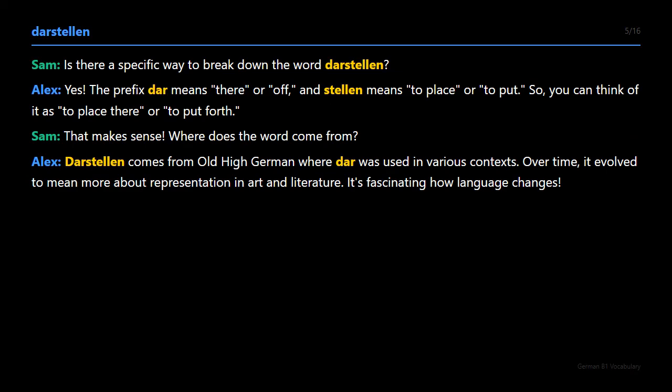Darstellen comes from Old High German where da was used in various contexts. Over time, it evolved to mean more about representation in art and literature.